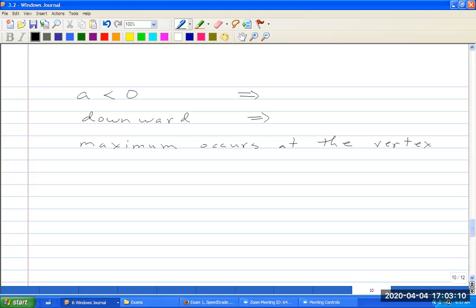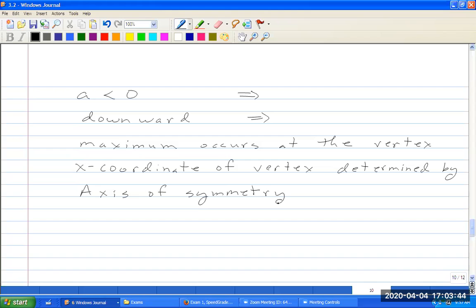That will give me the x-coordinate of the vertex, which is determined by the axis of symmetry, x equals -b over 2a.